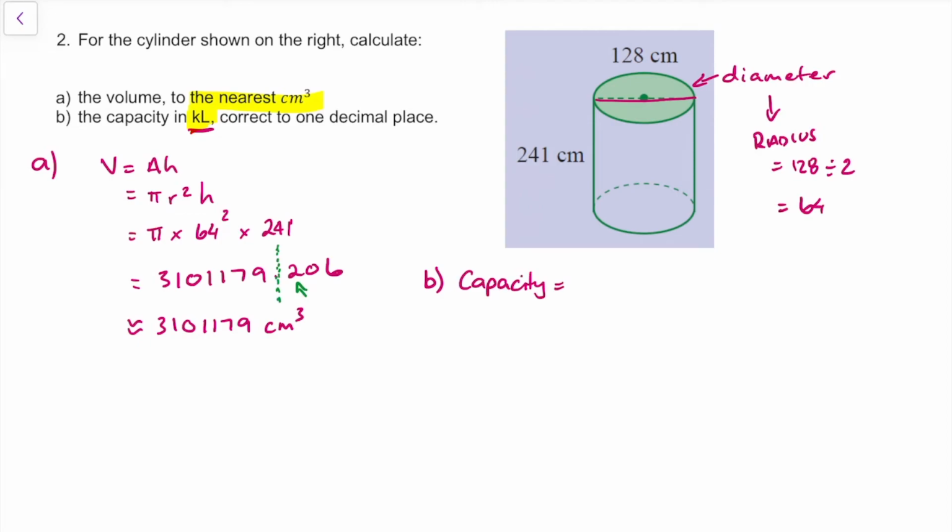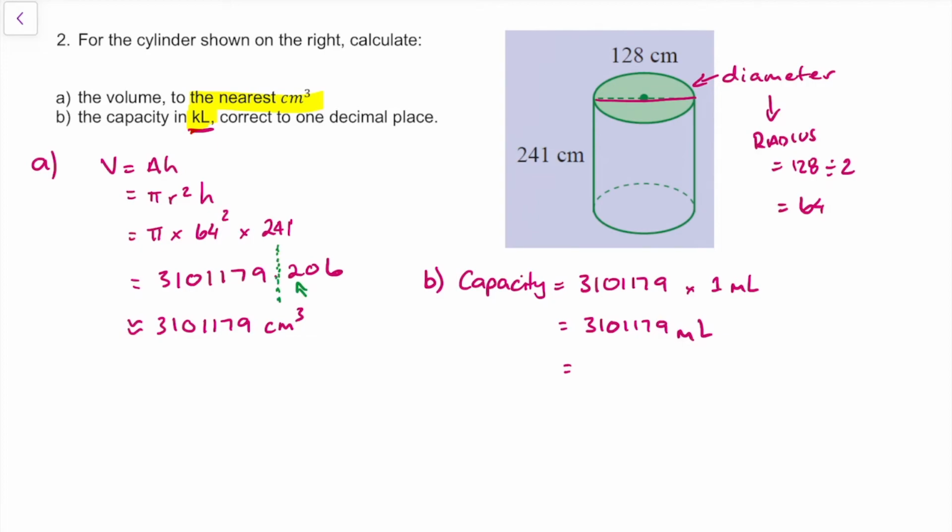Now we're going to have 3,101,179, and that's going to be multiplied by 1 milliliter. So it's going to stay the same because it's just multiplied by 1. So this is how many milliliters we have.